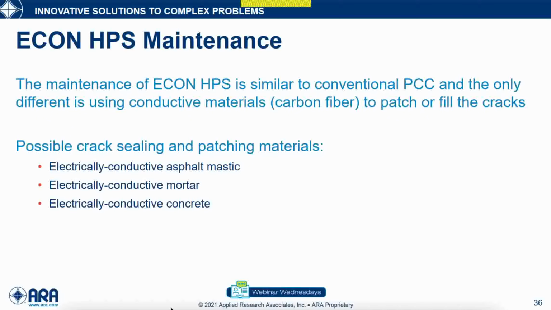If you have a small crack, we can use conductive asphalt. This is to keep the heat distribution uniform; if you use non-conductive material, it may not heat that area. So if you have a large area that you need to fix, it's better to use conductive material, so you make it uniform and heat can generate in that area as well.